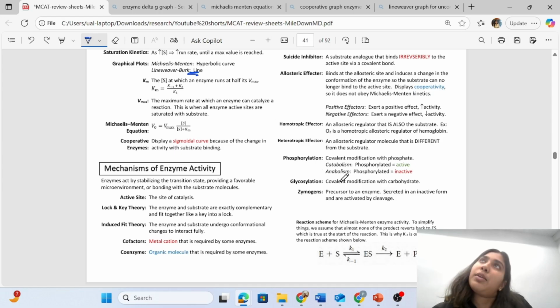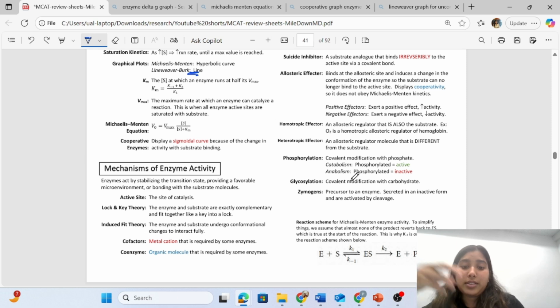And if it's during anabolism, that is combining two biomolecules, then it will make the enzyme inactive. Then there's another modification, glycosylation, which is a covalent modification with carbohydrates. If you add any carbohydrate, it's called glycosylation. Okay.